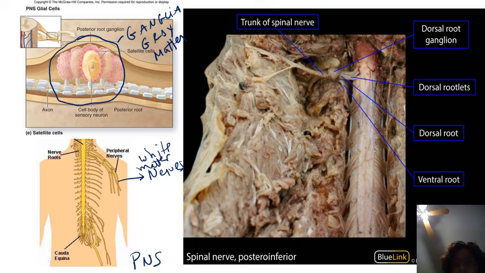This picture shows you an actual specimen. This is the spinal cord. These are ganglia, or little bodies of gray matter that are housing the bodies of the neurons, while the axons travel through the white matter or nerves.